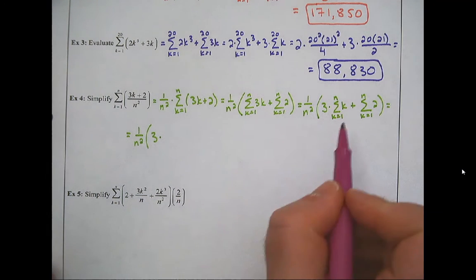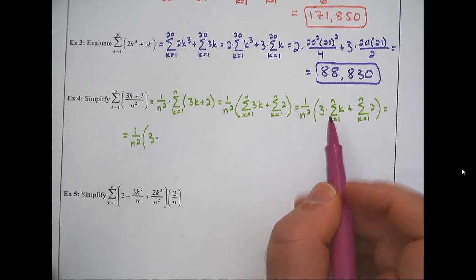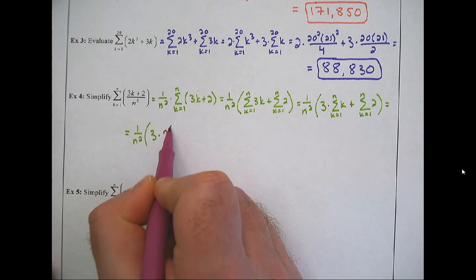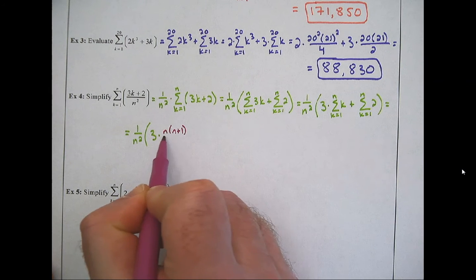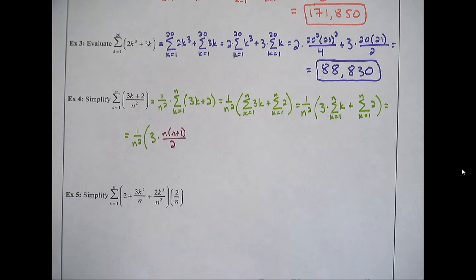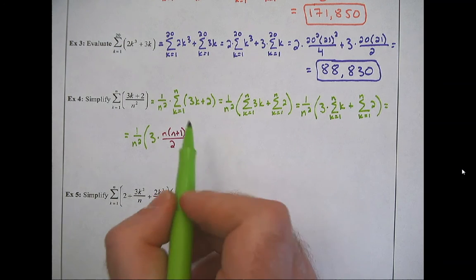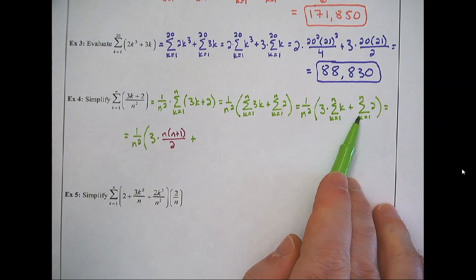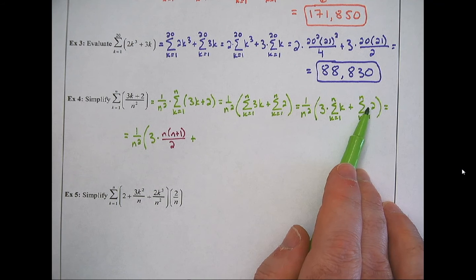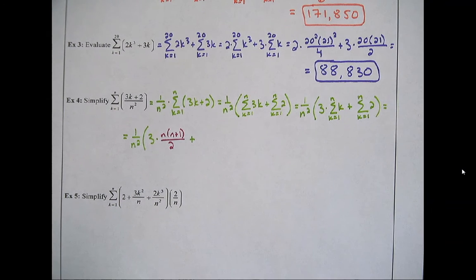The cheat sheet said that the sum of k was n times n plus 1 over 2, plus, and I've got the sum of 2. That's a constant, so that's 2 times n. So for us, that would be 2n.